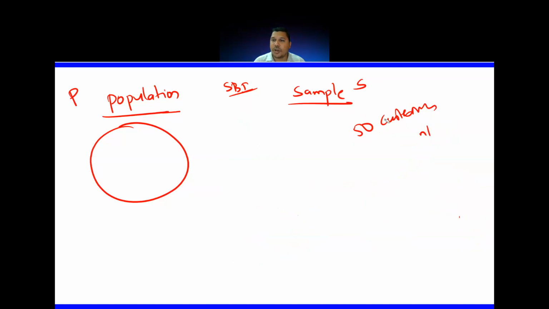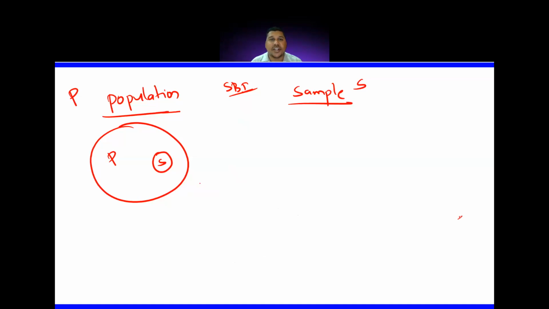Let's see. I said a sample is just a small part. If this is the population, this can be a sample. When you have huge data, lakhs of records, you cannot make any insights on that. Working with large data is difficult.